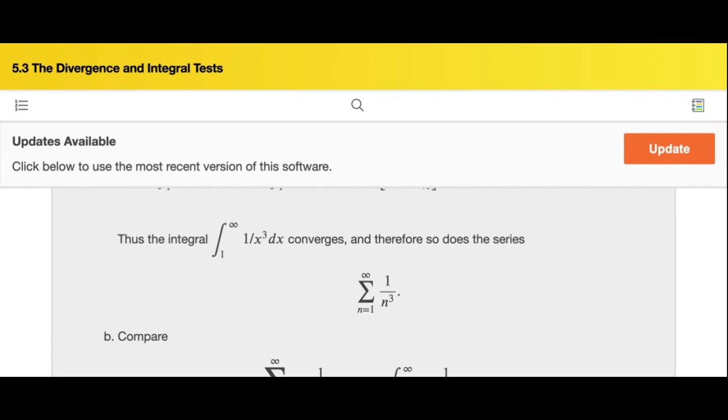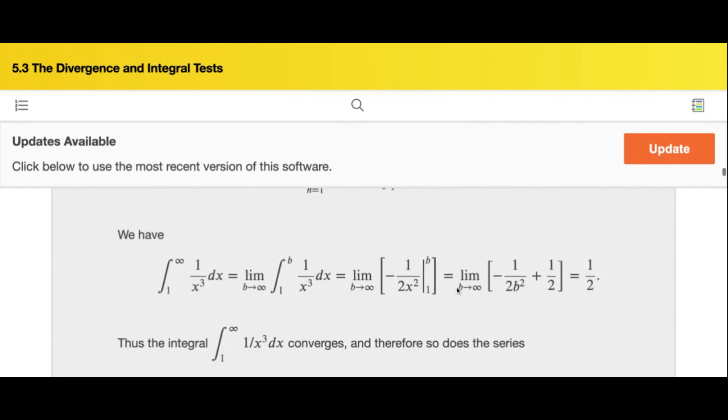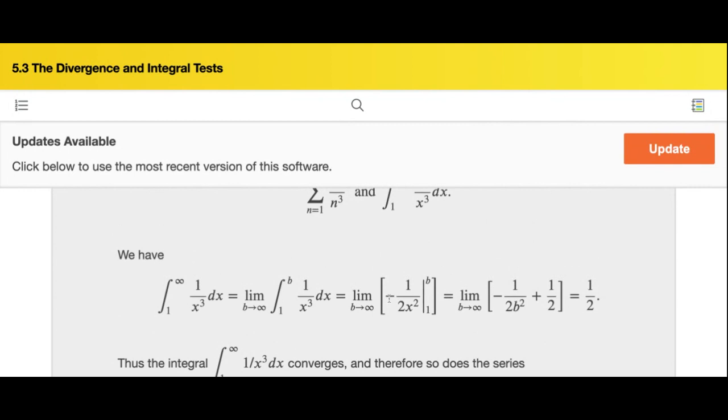Where does the half come from? Okay, negative 1 over 2x squared, right? We evaluate at b, we get negative 1 over 2b squared. When we evaluate at 1, because minus becomes plus, we have plus 1 over 2 times 1 squared.